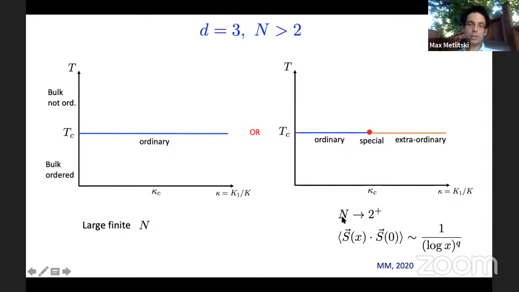Now this power depends on n. This is the result of the RG analysis that I will describe shortly. But first, let me give some intuitive arguments in favor of these two regimes.